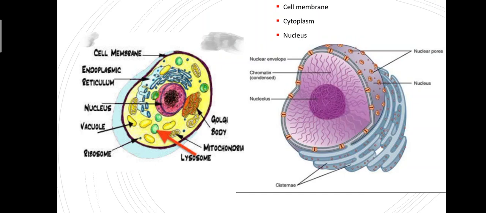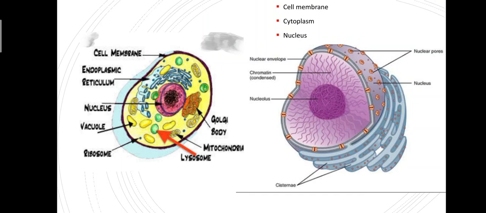There are many cytoplasmic bodies present: vacuole, ribosome, lysosome, Golgi bodies, endoplasmic reticulum. These are suspended in the cytoplasm and are also called cell organelles. Organelles means little organs, and they are responsible for carrying out the chemical reactions in cytoplasm.